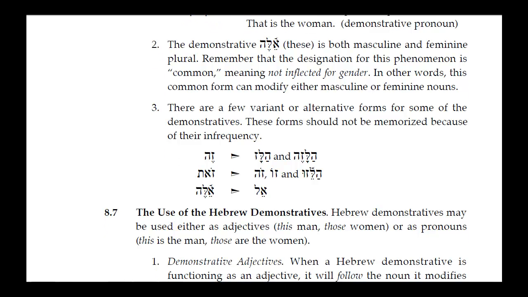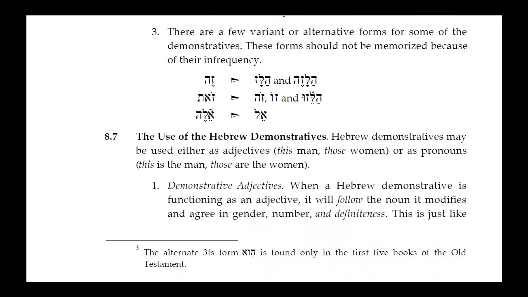Now let's go into some uses of the demonstrative pronoun here. Hebrew demonstratives may be used either as adjectives like this man or those women, or as pronouns, this is the man or those are the women. Pretty much like what the adjectives were. Remember we had the attributive adjectives.